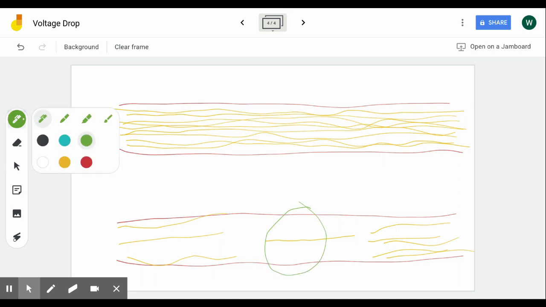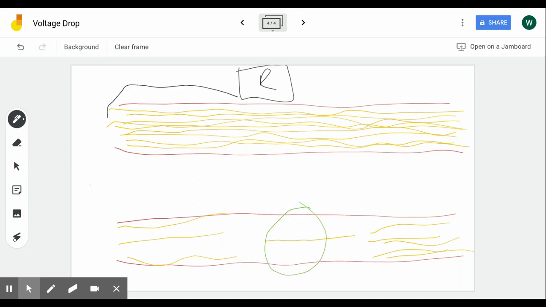If I were to come along with my ohm meter and measure the resistance of this wire, I would probably get a very, very low resistance. Let's just say, for example, that my resistance is 10 milliohms.